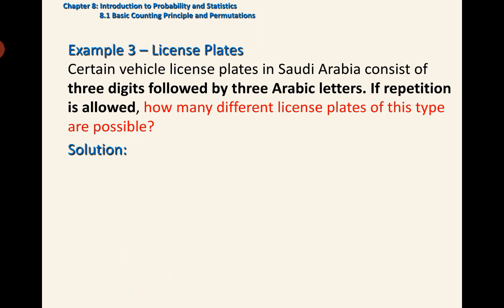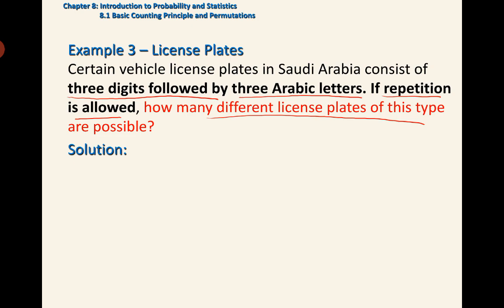Another example is also given: license plates. A certain vehicle license plate in Saudi Arabia consists of 3 digits followed by 3 Arabic letters. If repetition is allowed, how many different license plates of this type are possible?